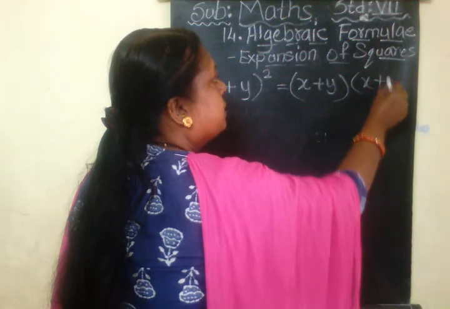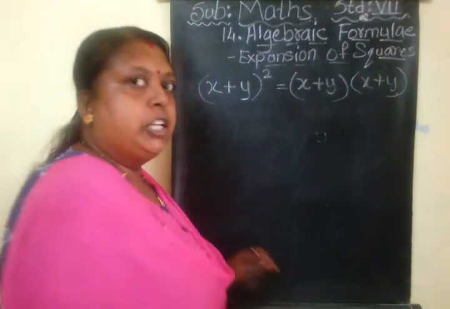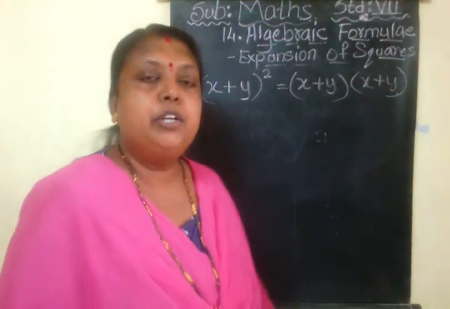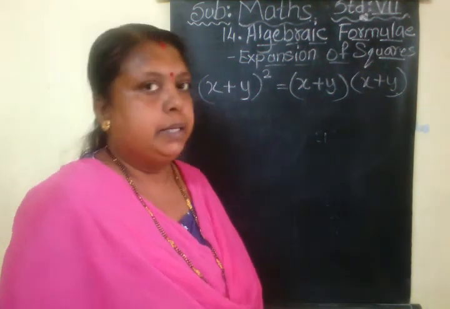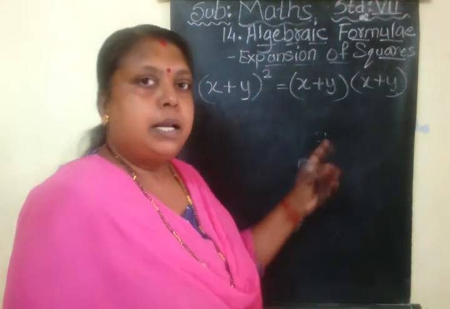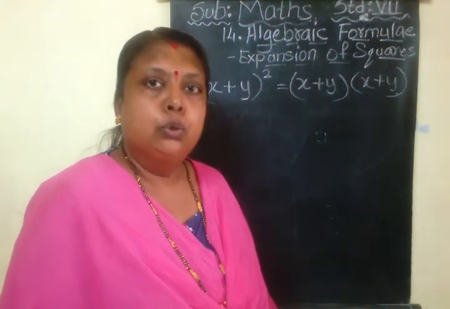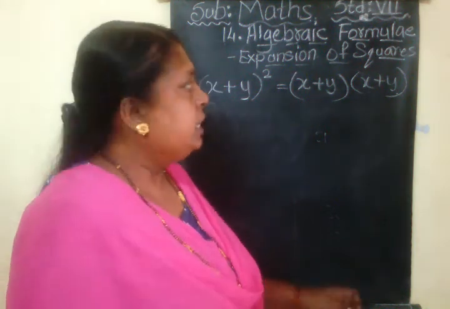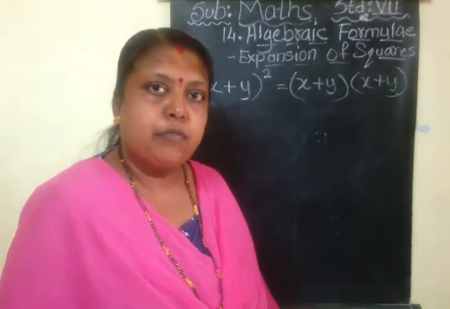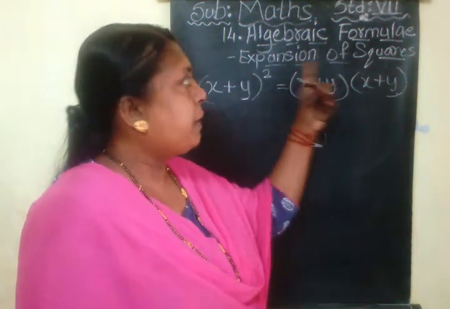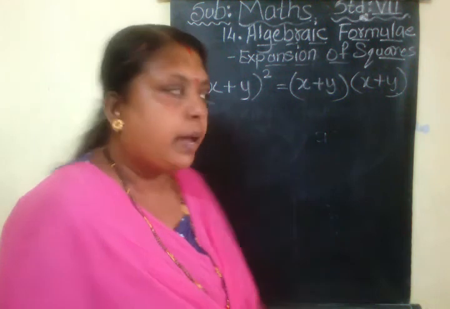multiplied by x plus y. This multiplication also you have studied in your previous standard, but this multiplication takes more time to find the answer. Instead, using this expansion formula, we can find the square.